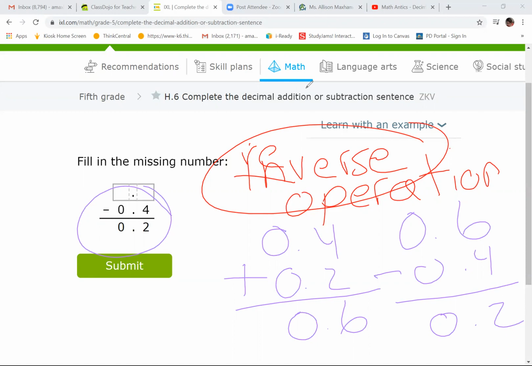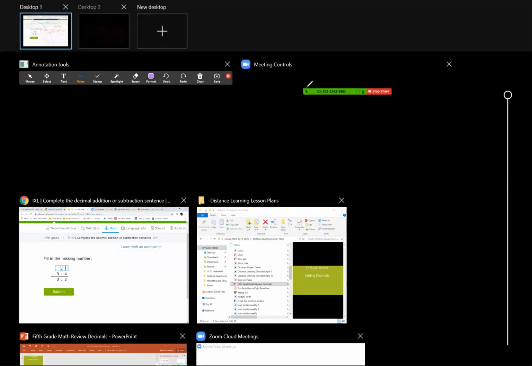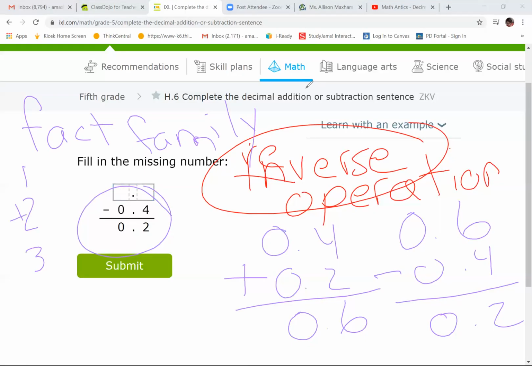And it's part of something that we call the fact family. You remember that way back in the day, back when you were a little kid, you learned that if 1 plus 2 is 3, yep, there it is. 1 plus 2 is 3.